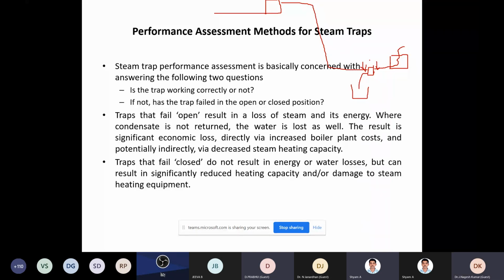In such a case also, there may not be a loss, but the process cycle will get affected because the product is not going to get heated. There is no continuous supply of steam because the trap is blocking. So failure in the open position or closed position, we need to identify.